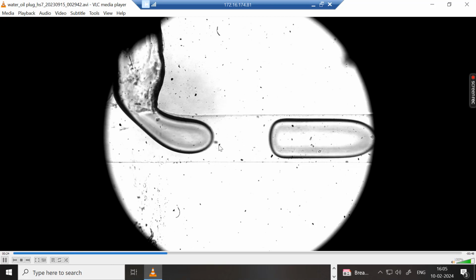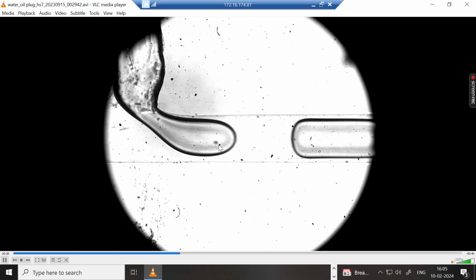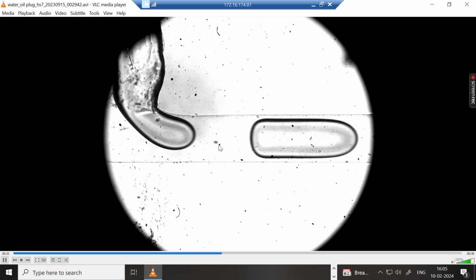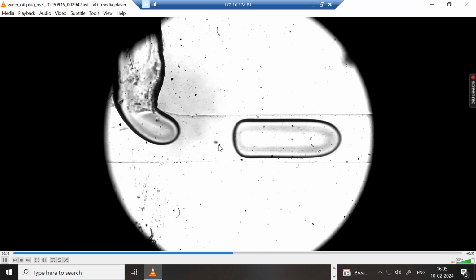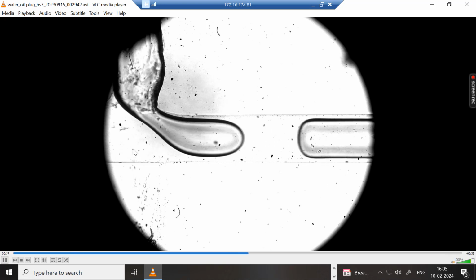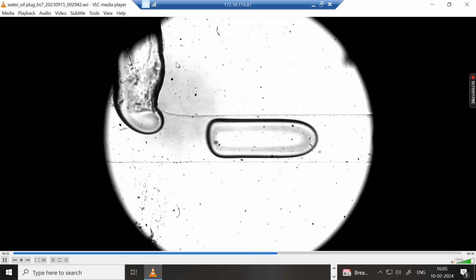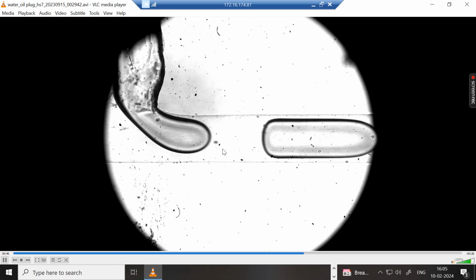In the Taylor flow that was explained, there was gas at that position, whereas in this case you have water. Oil is this one, drops are of water, and in Taylor flow we have observed similar phenomena.